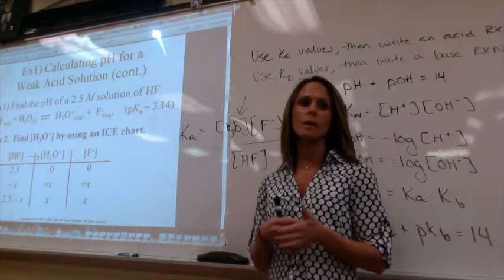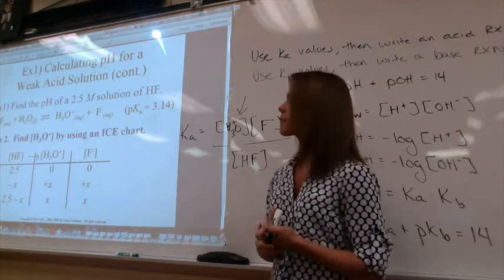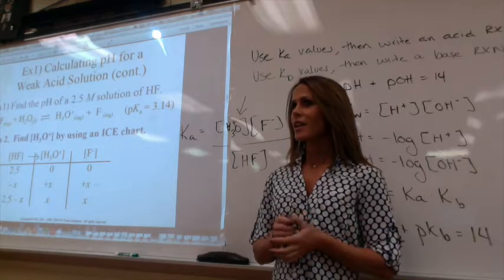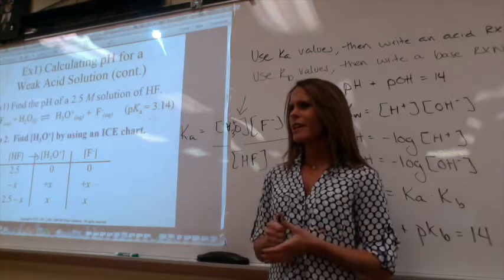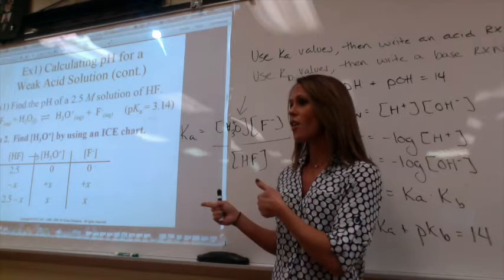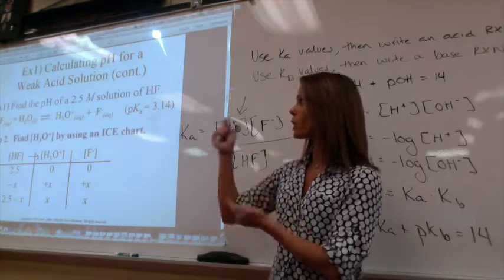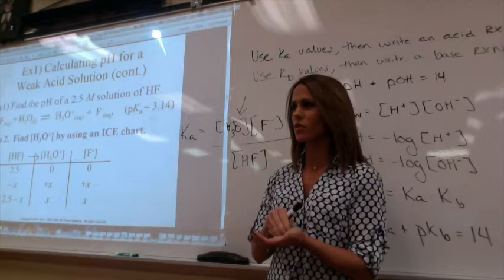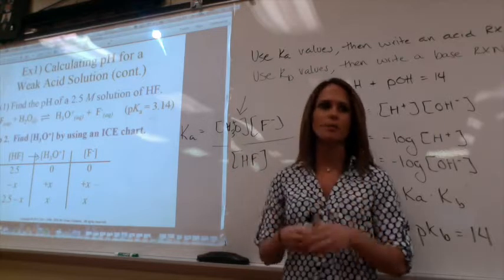What is the rule about eliminating? Larger than 10 to the... Yeah, and it will be, it's always going to be. But you can solve for X and then put it back into your expression and make sure that it didn't change your Ka value. That's the easiest technique rather than trying to memorize numbers.